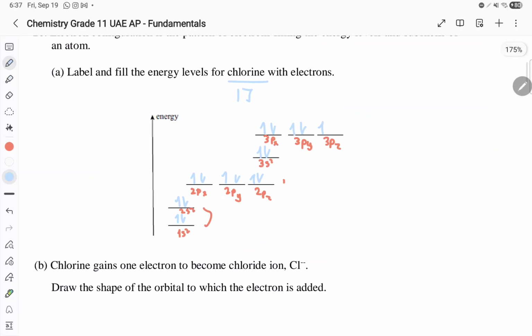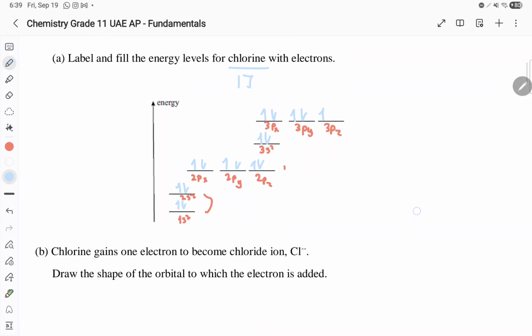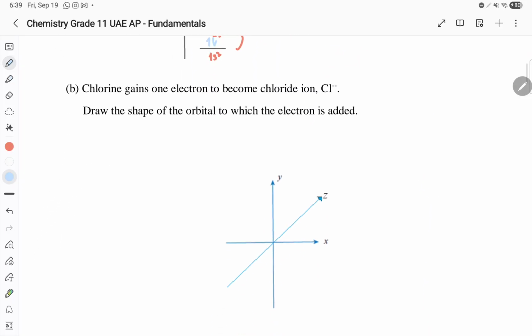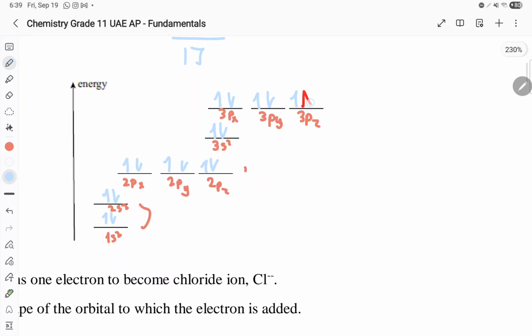That's it. Now the next part is telling us chlorine gains 1 electron to become chloride ion. Draw the shape of the orbital to which it's added. Since we have only 1 left, we can add it only here. So it's in the 3pz one.